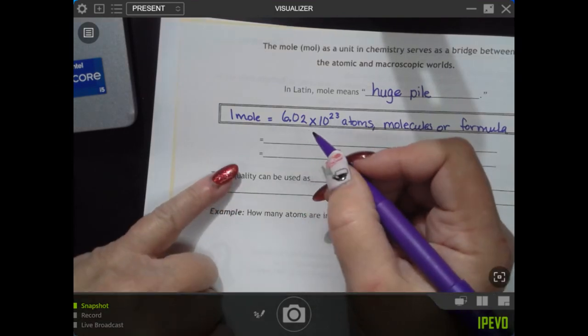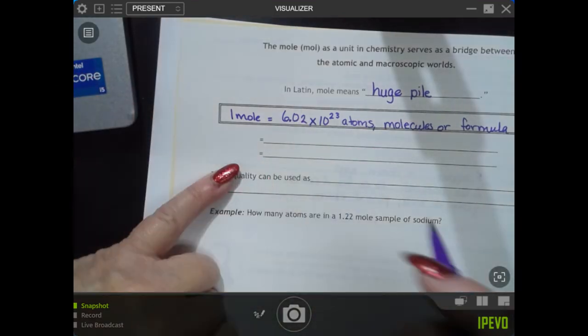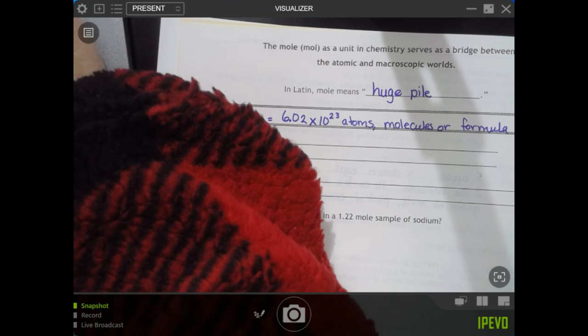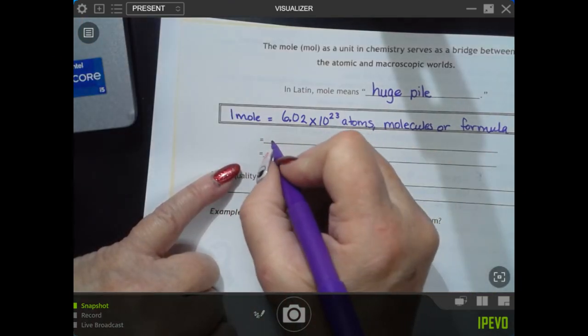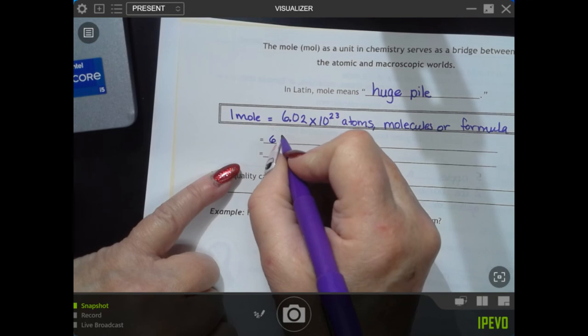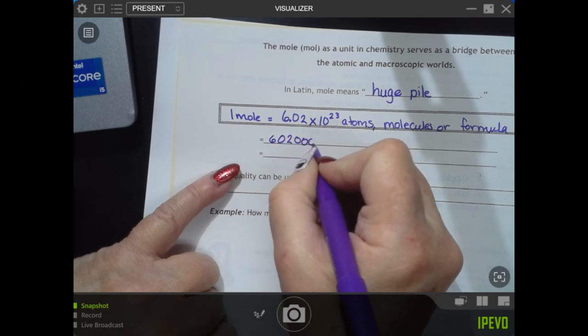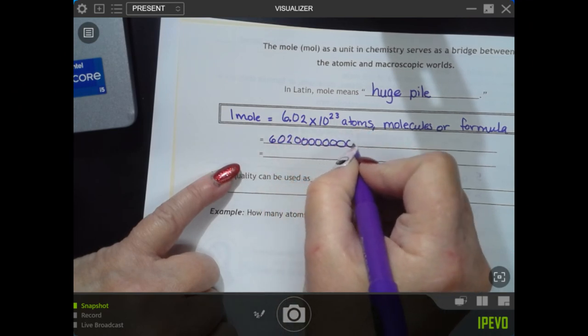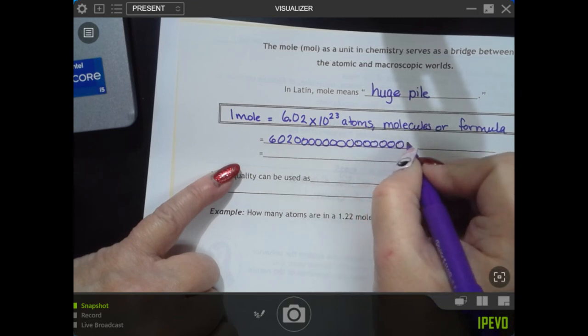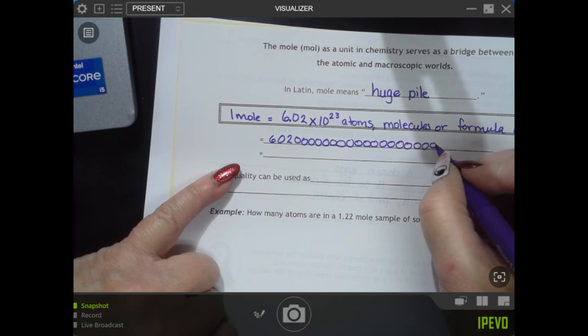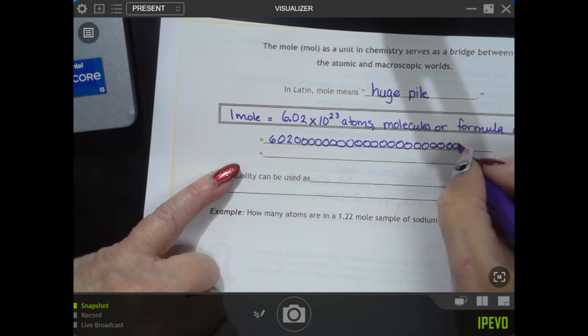And just for reference, if you were to write this out, let's see, 1, 2, 3, 4, 5, 6, 7, 8, 9, 10, 11, 12, 13, 14, 15, 16, 17, 18, 19, 20, 21, 22, 23.